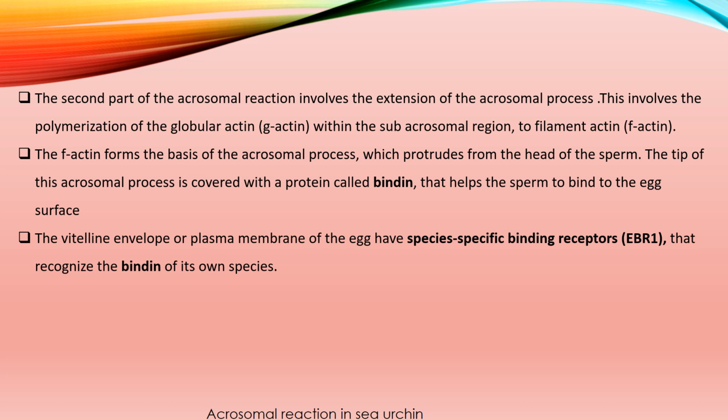And the next step: what is the second part of the acrosomal reaction? The second part is the extension of the acrosomal process. How is the acrosomal process extended? It involves a polymerization process. In this process, the globular actin present in the acrosomal region is converted into filamentous actin.